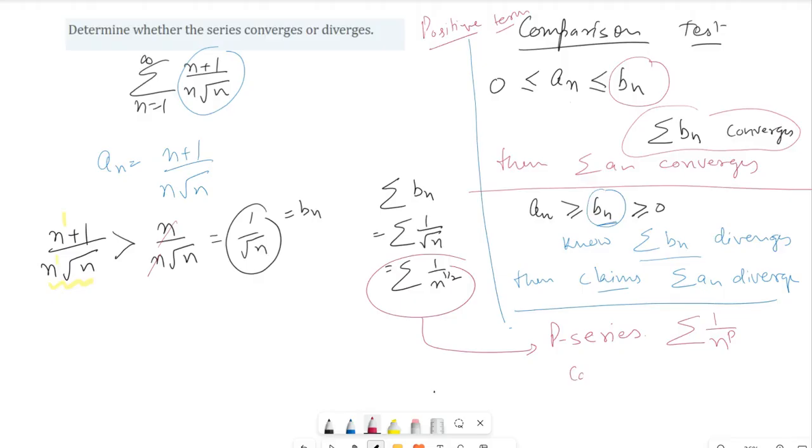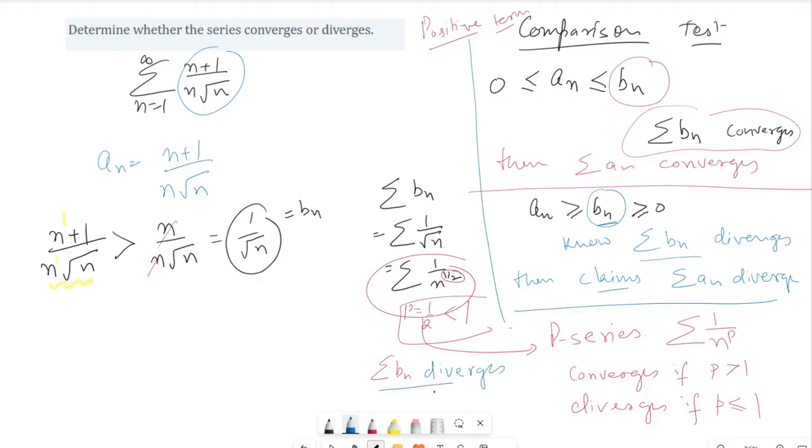A p-series converges if p is more than 1, and diverges if p is less than or equal to 1. In this case, p is equal to what? Half, which is clearly less than 1. Therefore, this series b_n, what do we know about it? We know that it diverges.